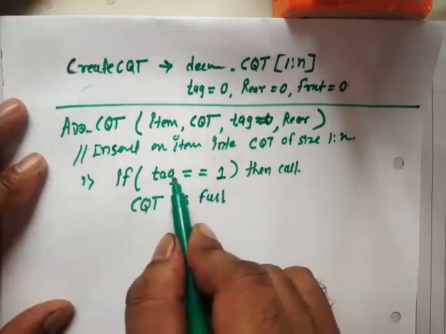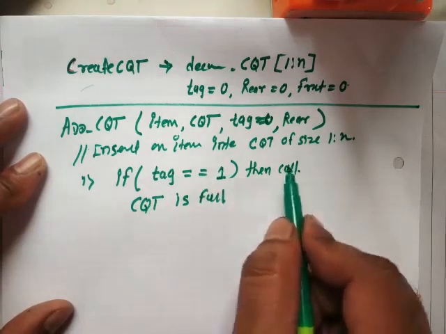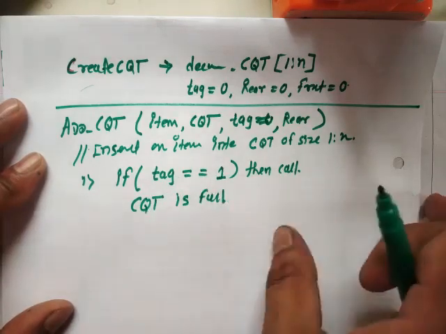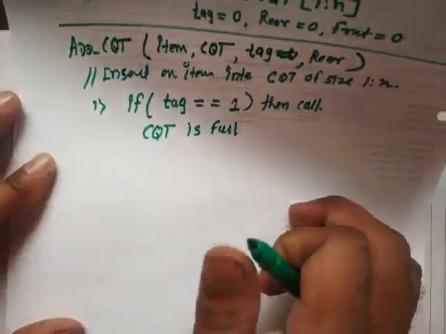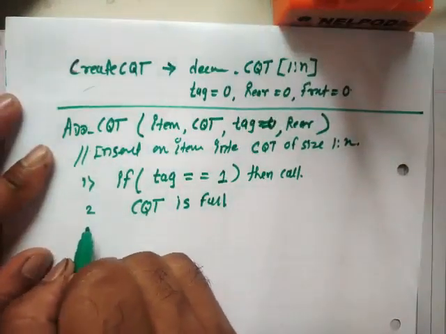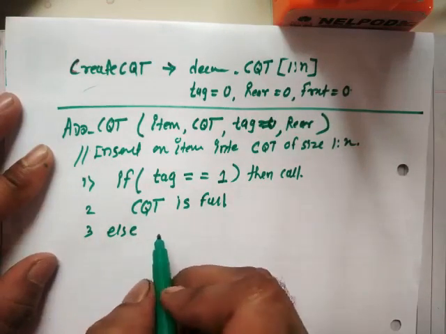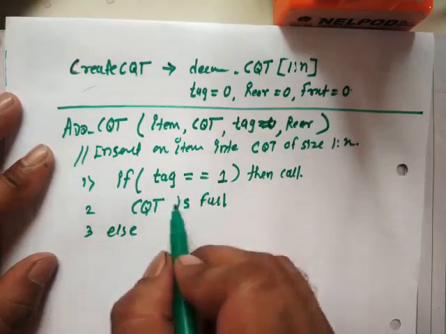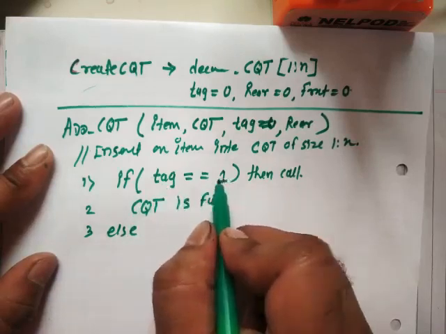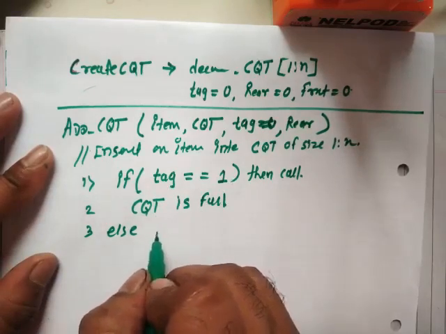If our tag variable's value is equal to 1, then call CQT is full, which means the circular queue is full. Else, in the else part, if this condition is not satisfied, meaning the tag value is not 1, then we find the rear position.